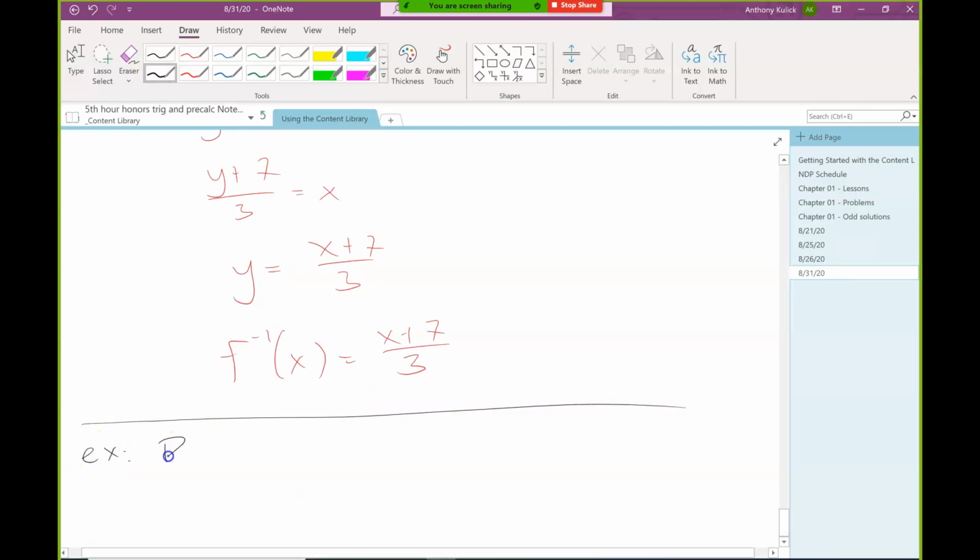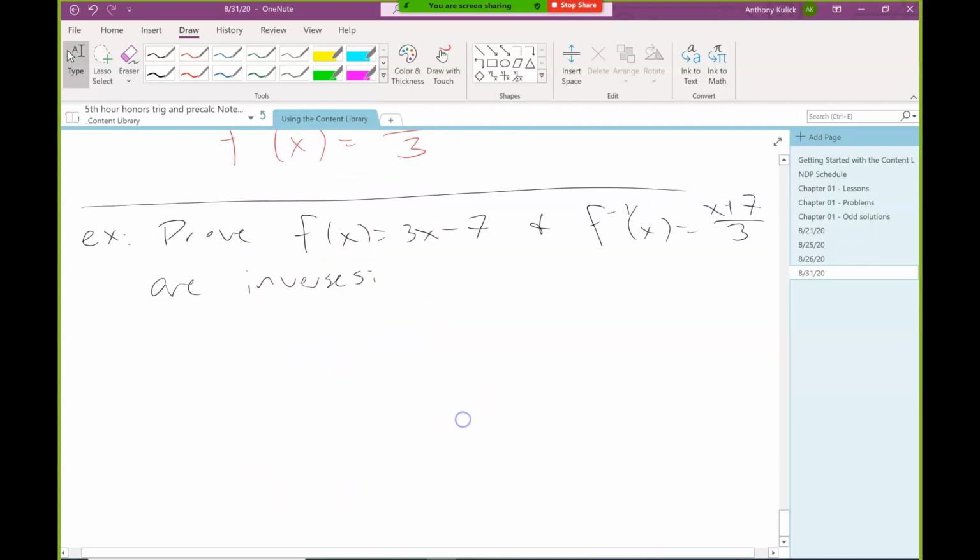So if I wanted to then prove that f of x equal to 3x minus 7 and f inverse of x equal to x plus 7 over 3 are inverses, I'm going to use that theorem from 15 minutes ago or so that said that two functions are inverses if and only if this is true.